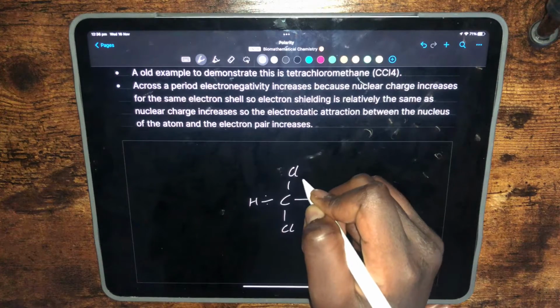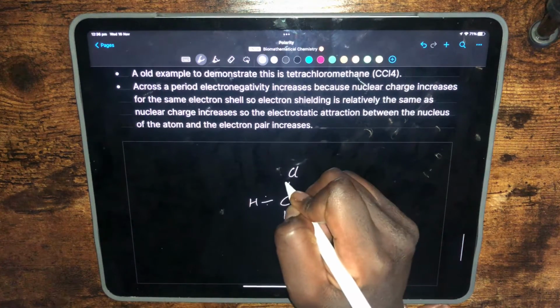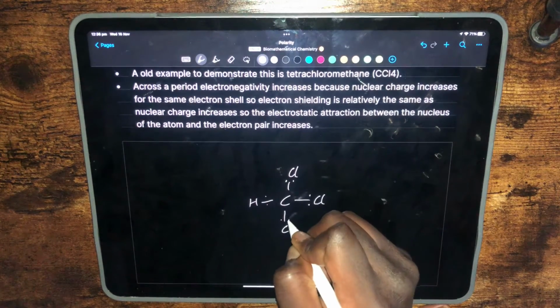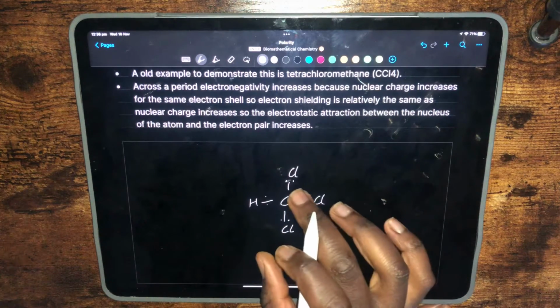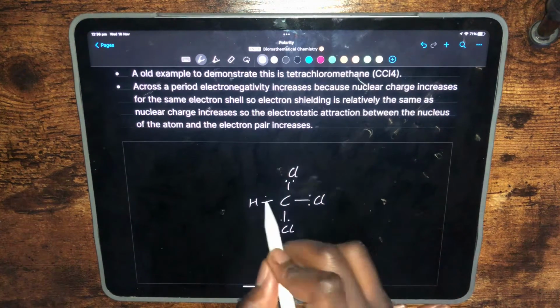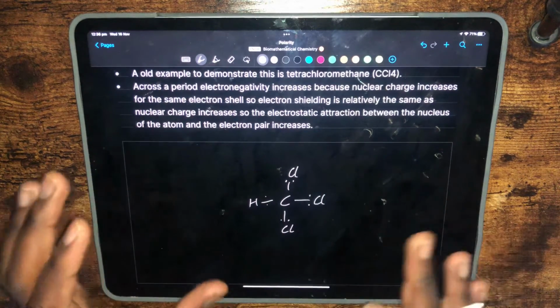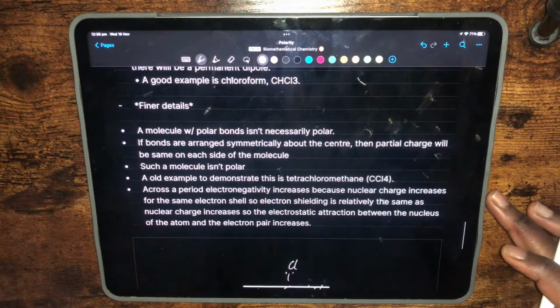However, because chlorine is so electronegative, they're pulling the bonds closer to them. So there's a clear charge separation. The carbon in the middle is being pulled here, here and here. It's not equally distributed. However, there are some finer details I want to go through.